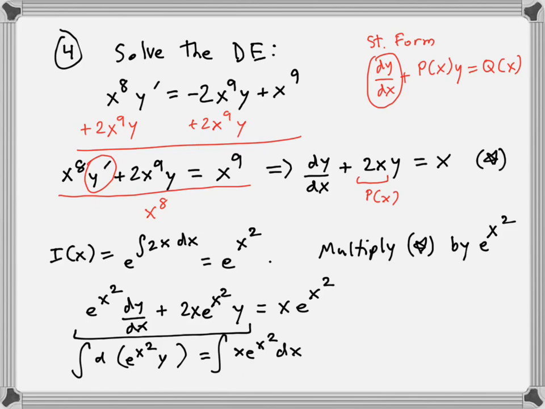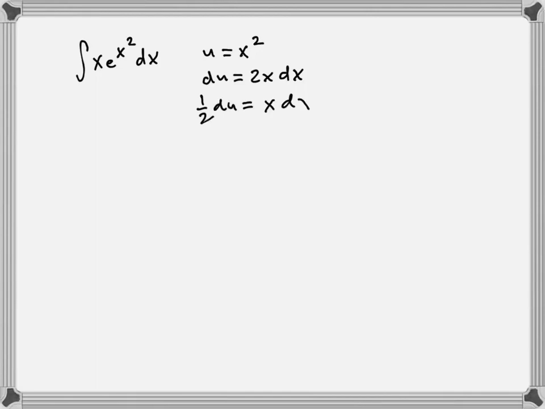What does the integral of the right side become? Let me do this on the next page just so we have it. Integral of x e to the x squared. This is a u substitution. I'm going to let u equal x squared, so that means du is equal to 2x dx, or 1/2 du is equal to x dx.